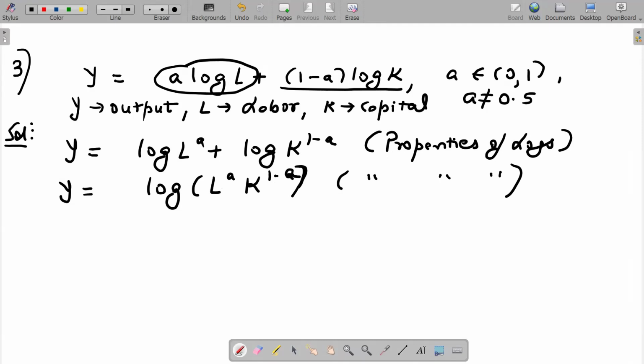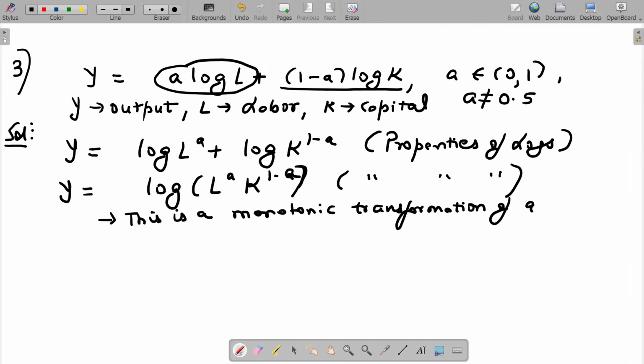Okay, so you can see that it's a monotonic transformation of a Cobb-Douglas production function.